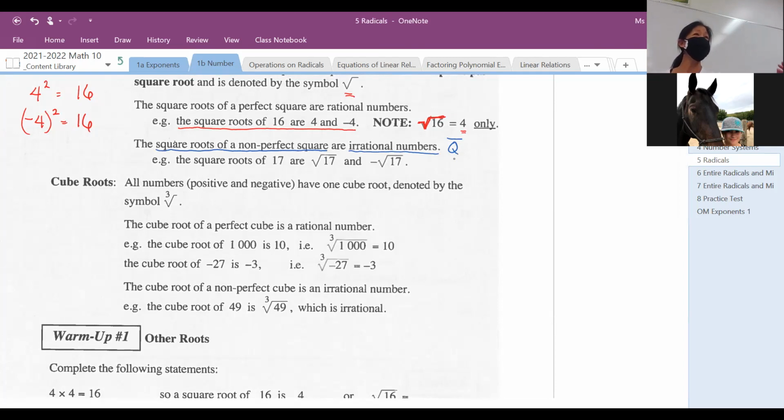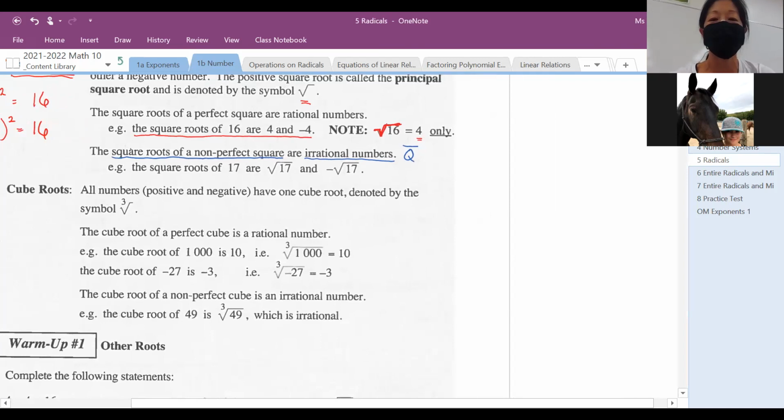Okay, exactly. And so what might it look like? So irrational numbers cannot be expressed as fractions. That is very, very true. And what do they look like?